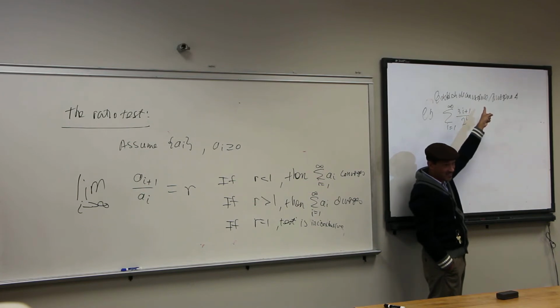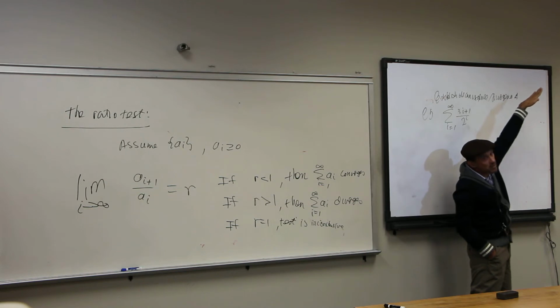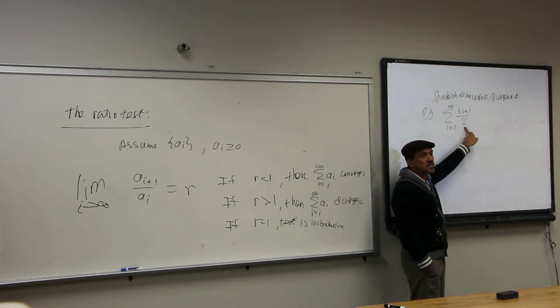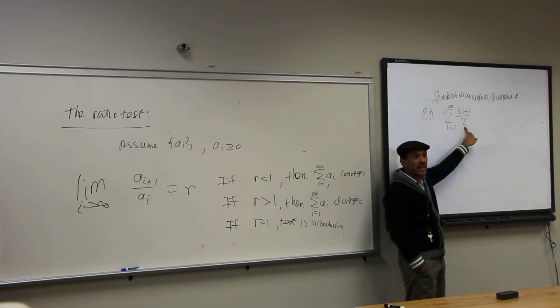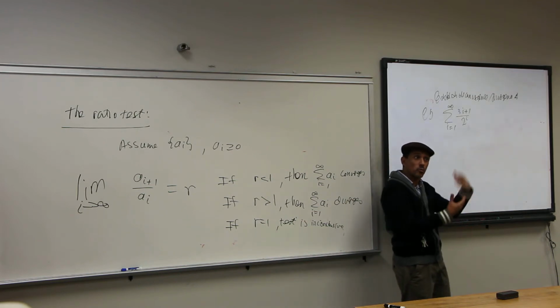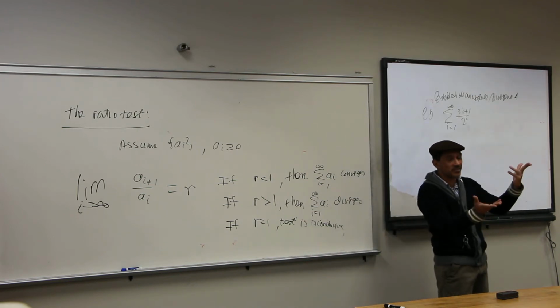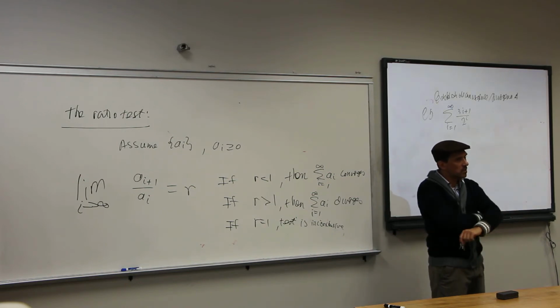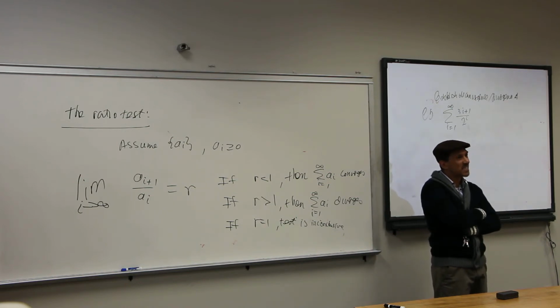There's a linear function like 3x plus 1, and 3x plus 1 goes to infinity. And as i is getting big, this is getting big, like 2 to the power x. The numerator is getting big, the denominator is getting big. Who's winning? The bottom. Why? Because it's exponential, and the top is linear.